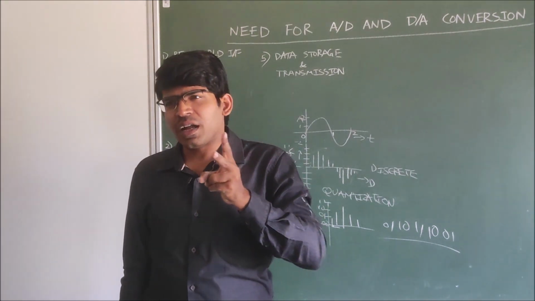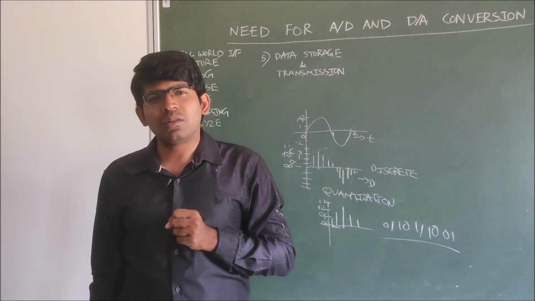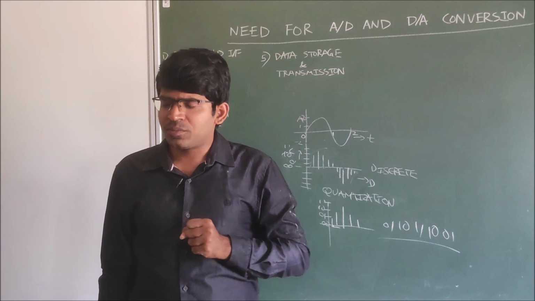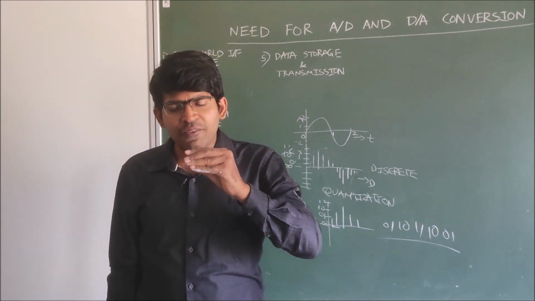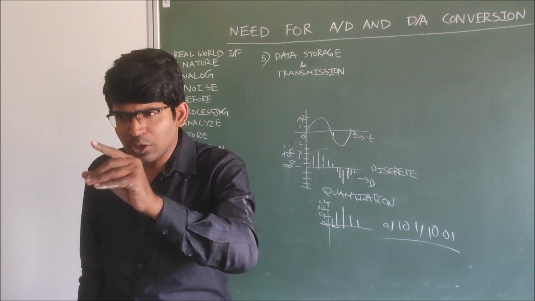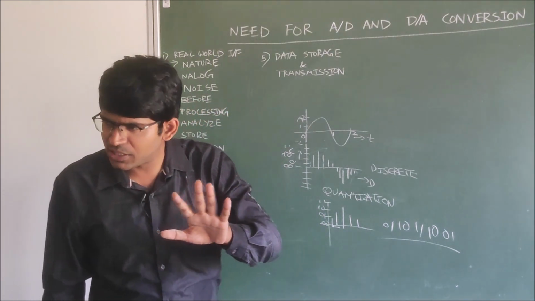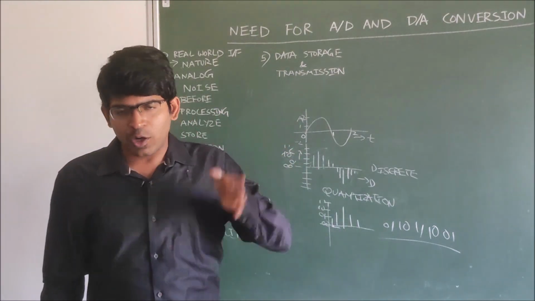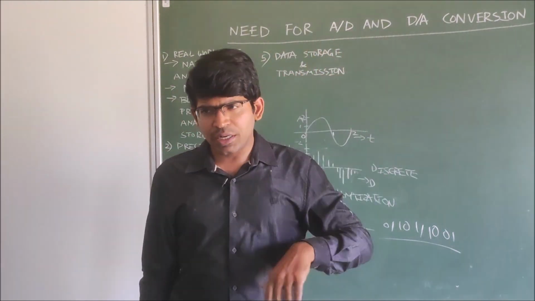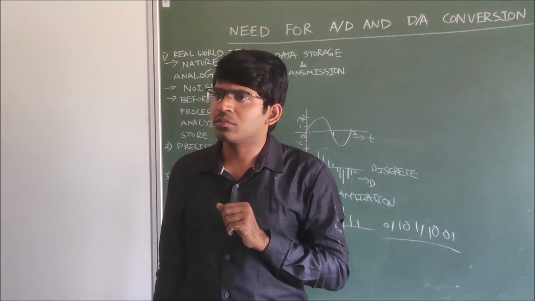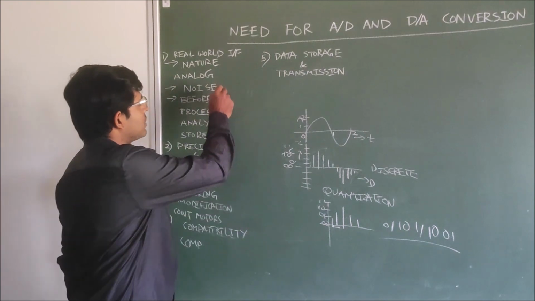But when we convert it into digital signal, the effect of the noise on the digital signal is minimal compared to analog signal. We are not saying the digital signal is not affected by noise. We are only saying that compared to analog signal, the effect of noise on digital signal is very much less. That is one important point.